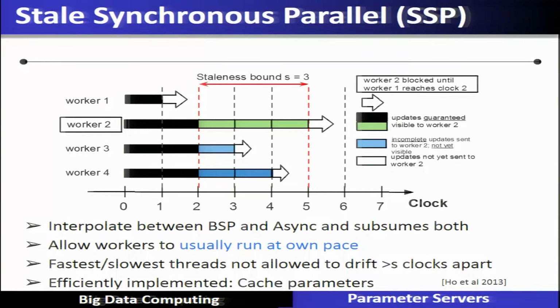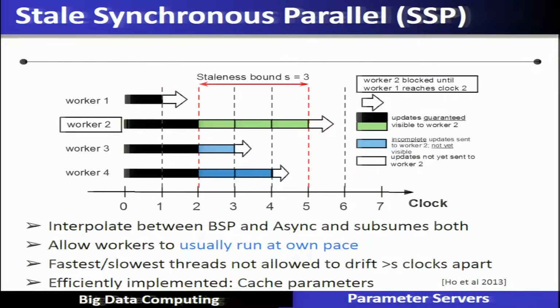In the stale synchronous parallel model, these are workers 1, 2, 3 and 4. These workers will be changing the parameters asynchronously, and the staleness is bounded by s equal to 3. That means worker 2 will be blocked until worker 1 reaches the clock of 2, so that the updates are guaranteed.